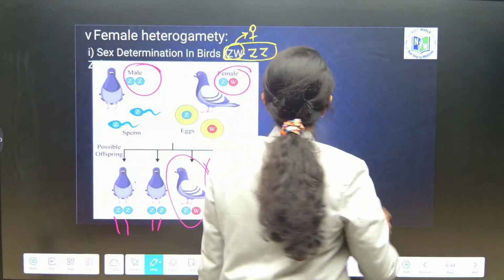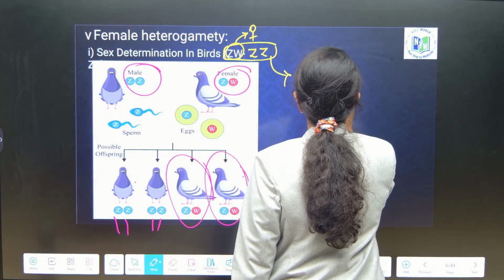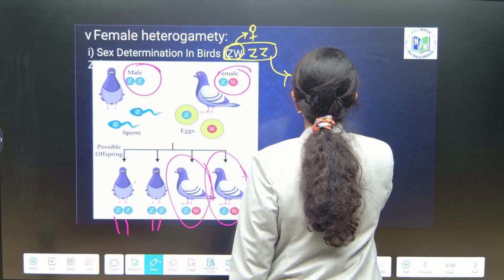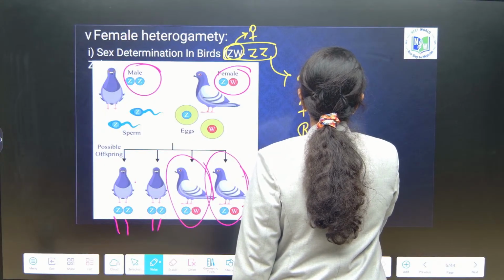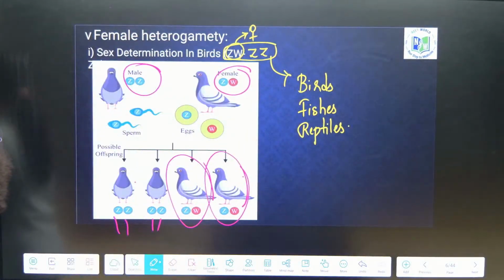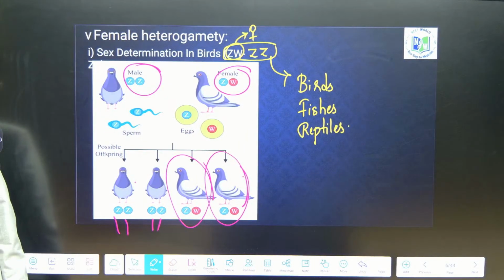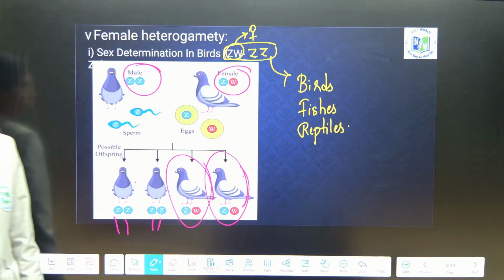So, this type of sex determination is observed in birds, fishes and reptiles. Birds, fishes and reptiles.